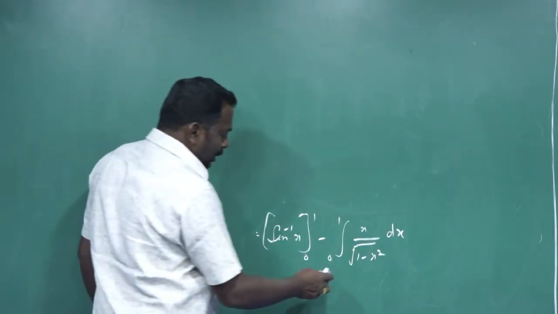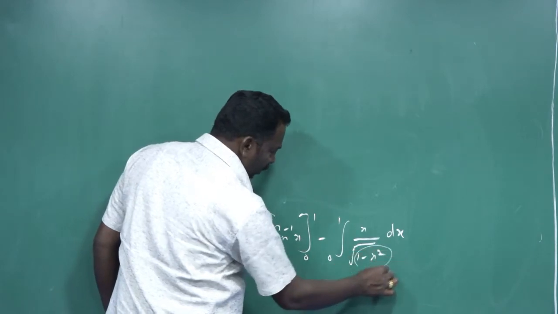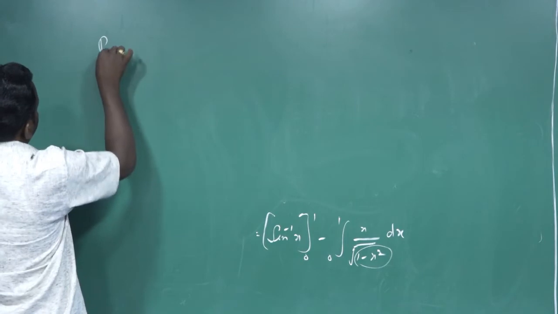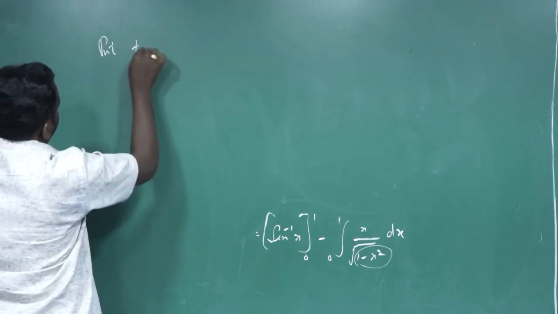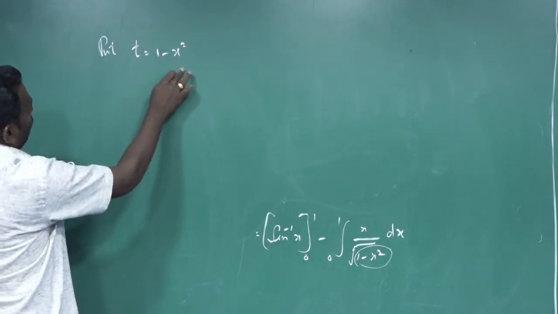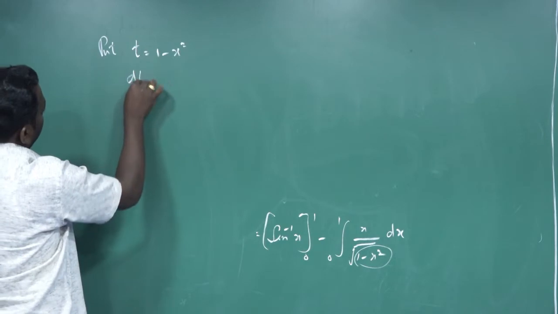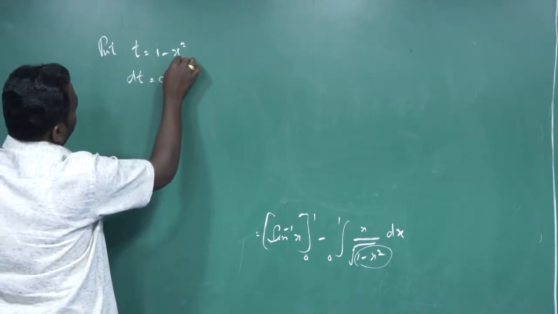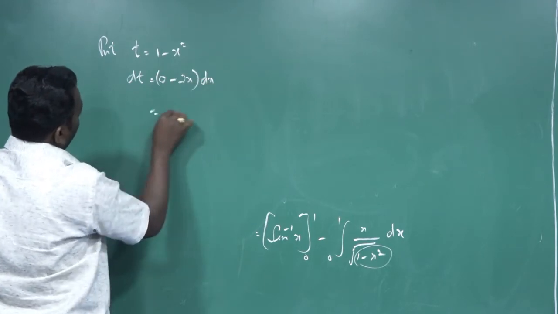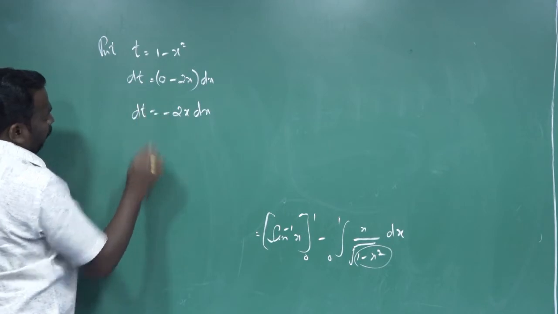In the last term of this equation, we take the value within the square root equal to t. Now put t equal to 1 minus x squared. Now differentiate with respect to x on both sides. Differentiating t with respect to x, dt equals 0 minus the derivative of x squared, which is 2x dx, that is equal to minus 2x dx, that is equal to dt.